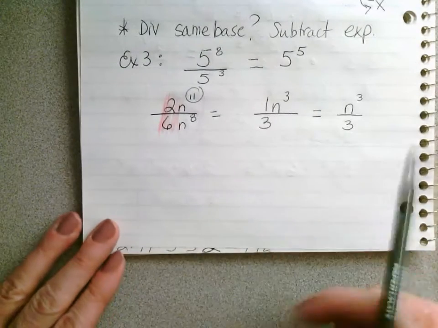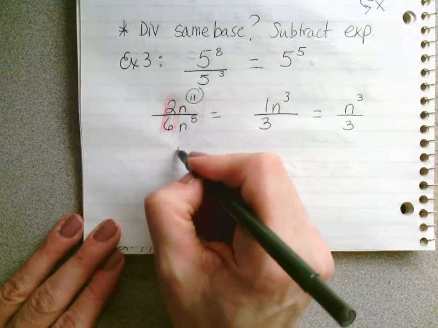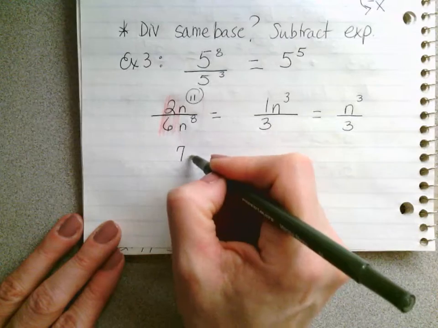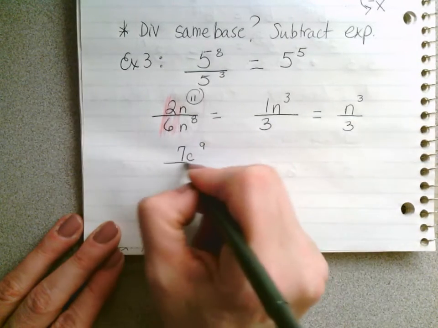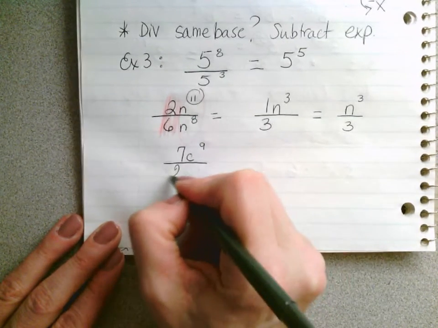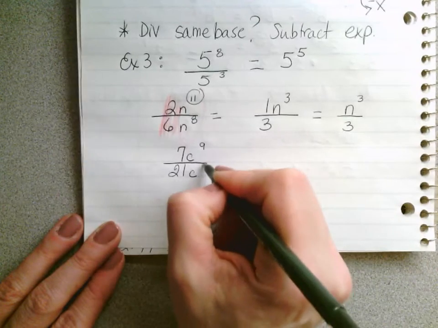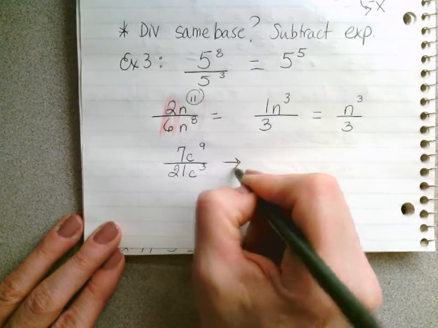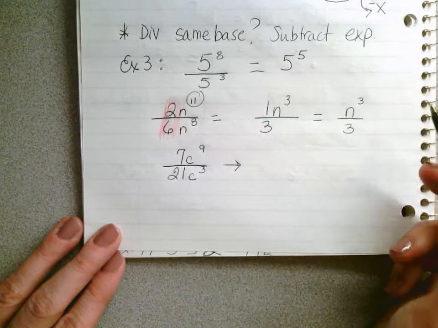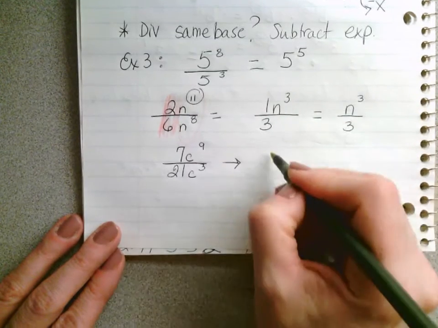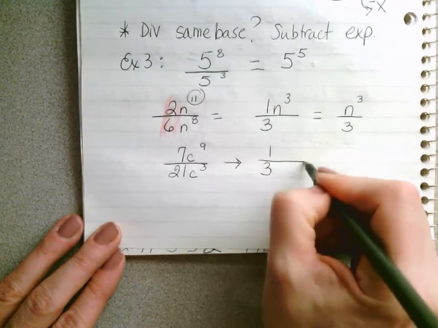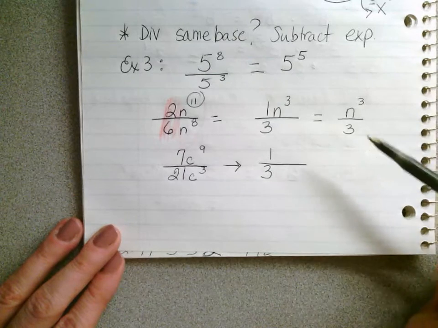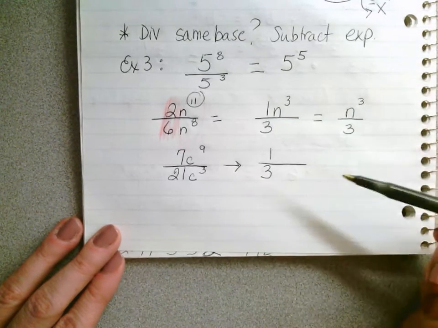Let me do another one with you. Same kind of example. 7c to the 9th divided by 21c to the 3rd. 7/21, seriously? That's the other example. 1/3. Where do you think the c to the 6th goes, in the numerator or denominator?